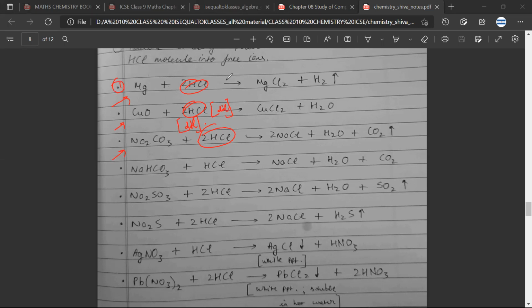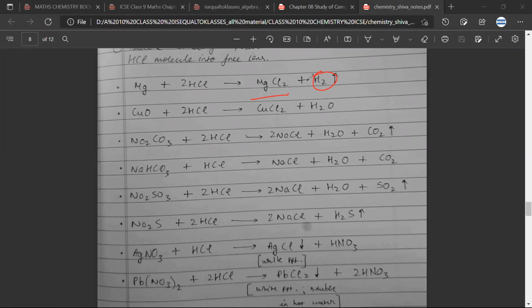Now let's look at the first chemical reaction. Magnesium reacts with dilute acid HCl to form magnesium chloride and hydrogen. A question that can be asked in this reaction, Mg plus 2HCl gives magnesium chloride plus hydrogen, is: list the reaction that proves that HCl contains hydrogen.